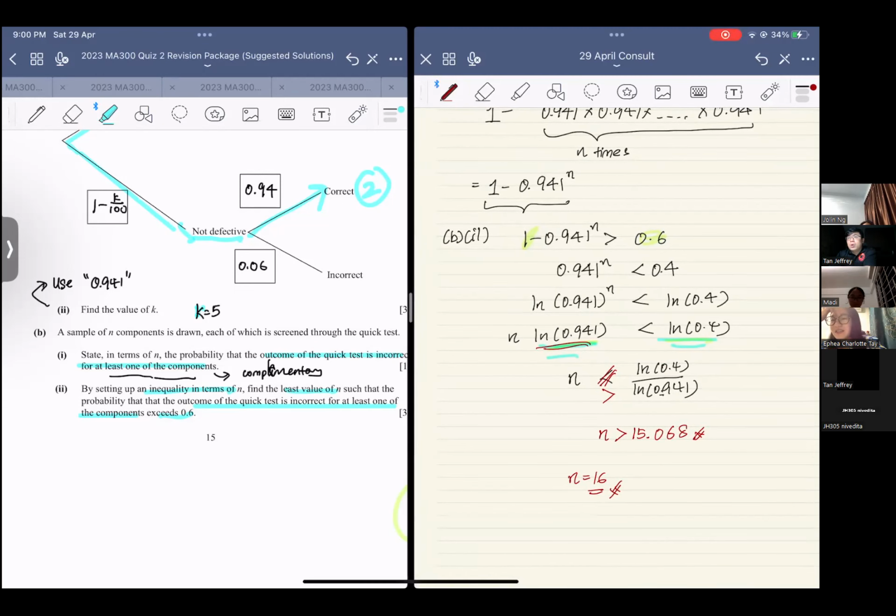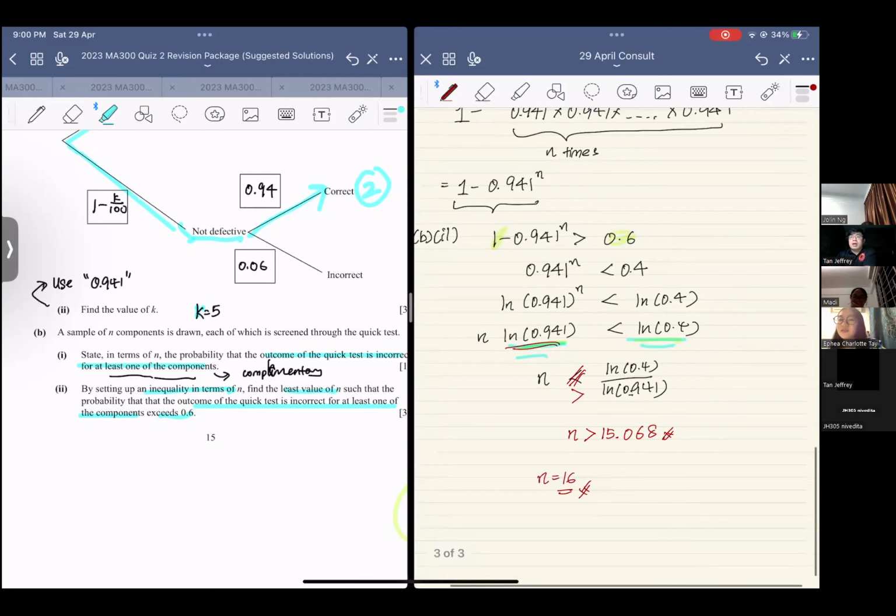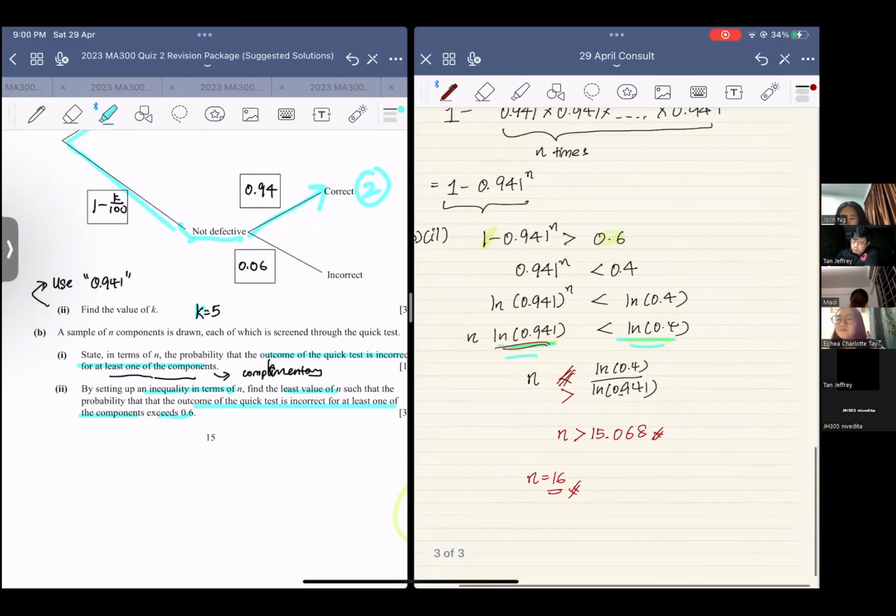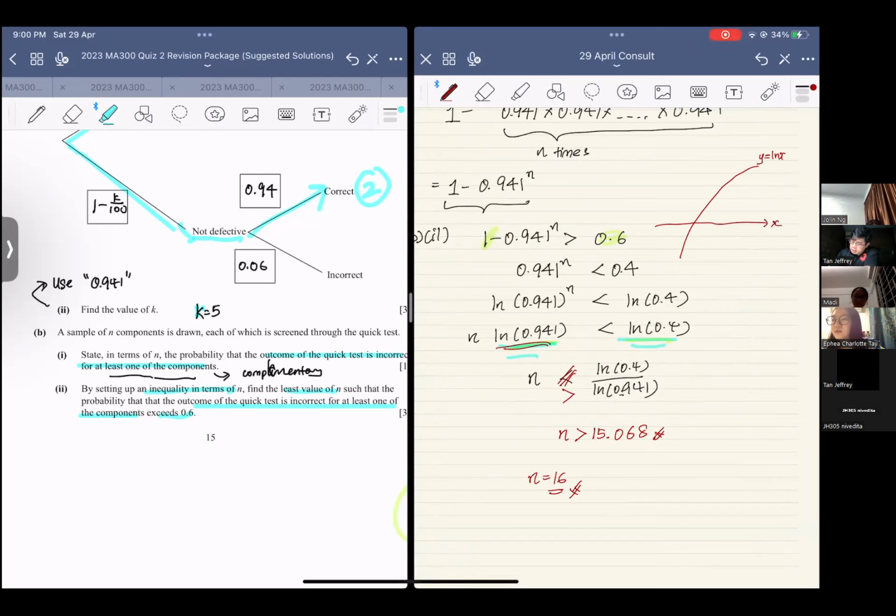Whenever there's a ln or log and the number is between 0 and 1, it is a negative number. The idea is because of the graph. So you know y equals ln x, this is the x-axis and this is the y-axis.